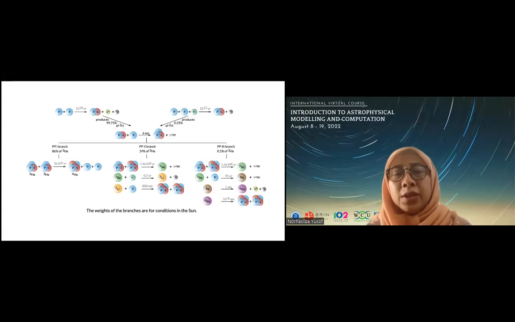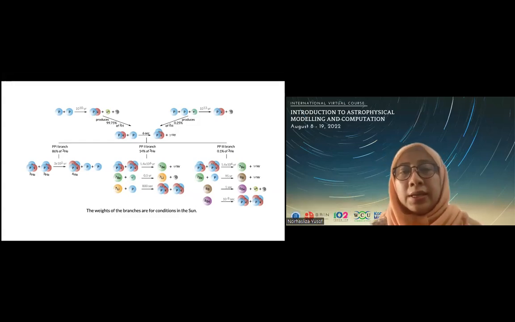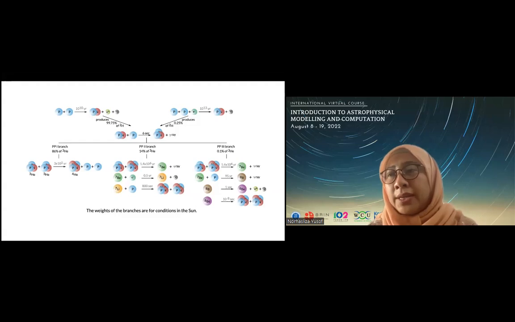From here, in order for hydrogen to produce another element, for example, a proton becomes a neutron, and it produces a positron and also a neutrino. It will have a very long lifetime, and this produces what we call a chain of reactions.